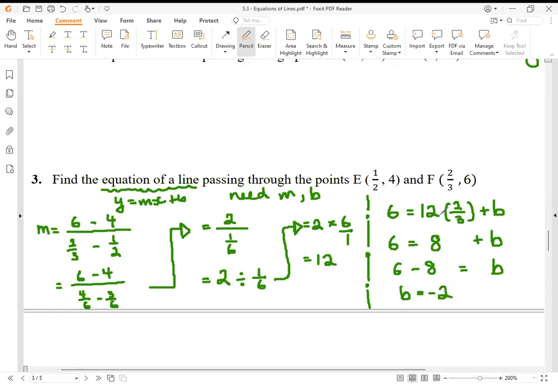Well, you can try it. What I'm doing is just in my head, 12 is 12 over 1. 12 times 2 divided by a 3. That's 8. Think about it. 12 over 1 times 2 over 3, multiply across, 24, multiply across, a 3.